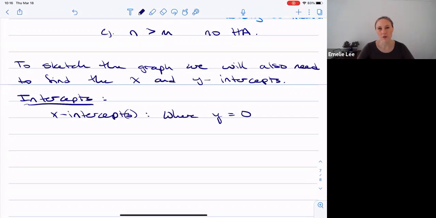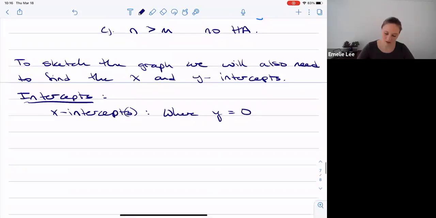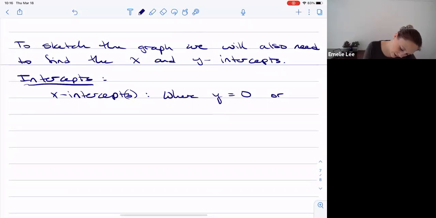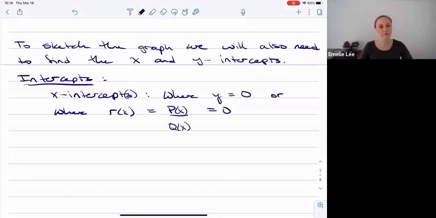So what do we have to do? Well, that's only going to happen where R of X equals 0. In fact, R of X equals P of X over Q of X equals 0.